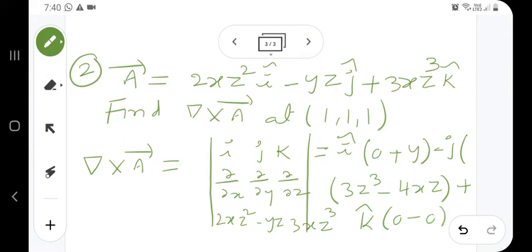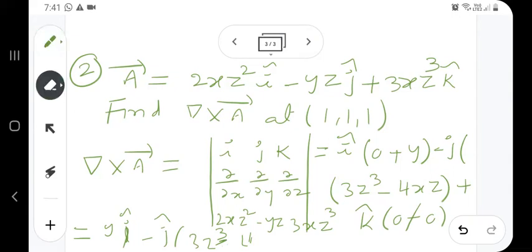So that equals y I cap, the last term is also 0, minus j cap into 3z cube minus 4xz.